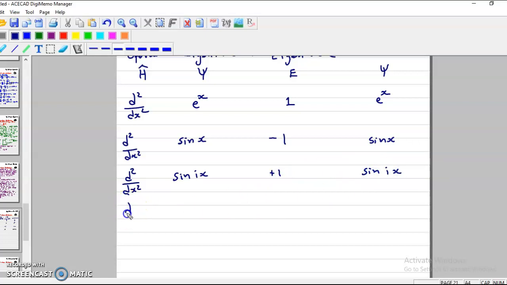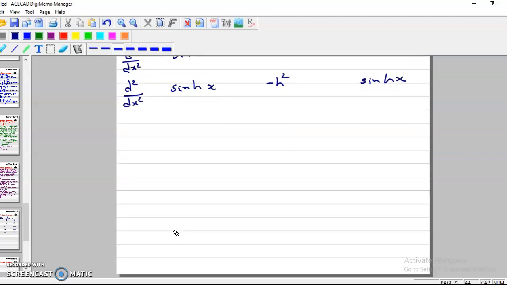Okay, d square upon dx square, if we take sin hx, so here it will be -h square as eigenvalue, and sin hx will be the new function. Follow? So this way we can have the same functions if we carry second degree differentiation, and that is also one of the important facts for us.